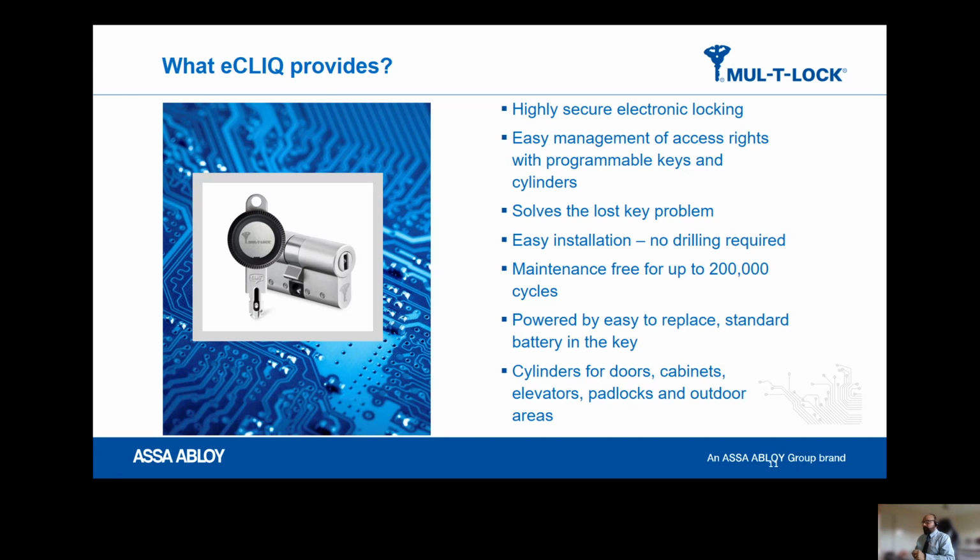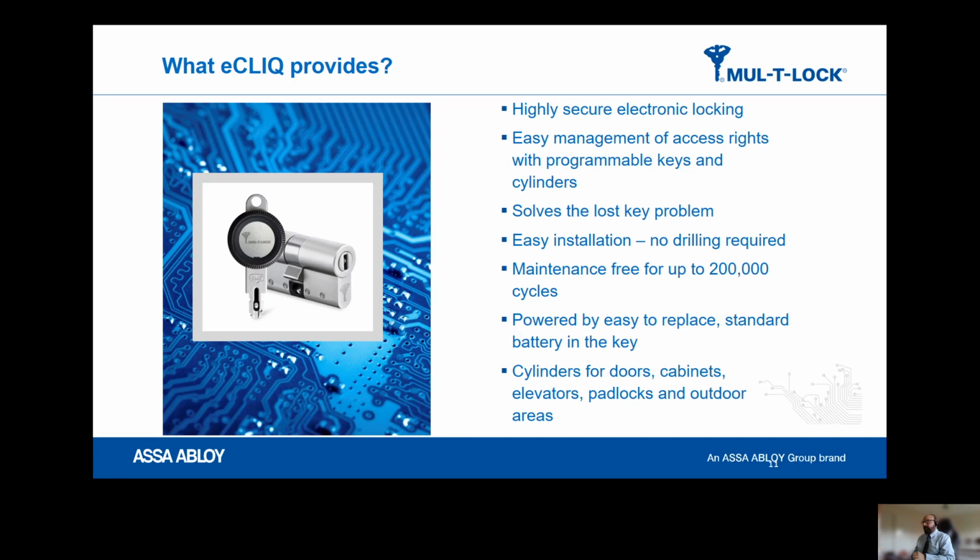So imagine if someone lost a key within a system, you can go onto the software, and by the click of a button, you can delete that key. So straight away, the site is still secure. You're not relying on the previous security options that we had, the mechanical versions, where if a key is lost, the whole site is insecure and you'll have to either change all the locks on the doors and change the keys as well to maintain security.